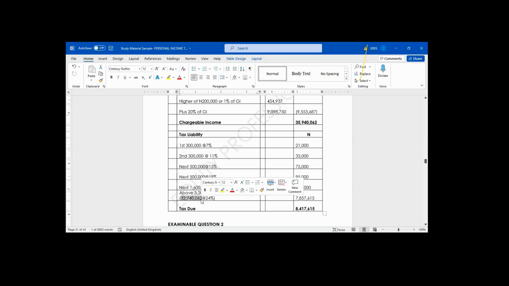That one will be taxed at what percentage? 24%. So you add all the tax together. That means the total tax liability that this man will pay is 8,417,615.